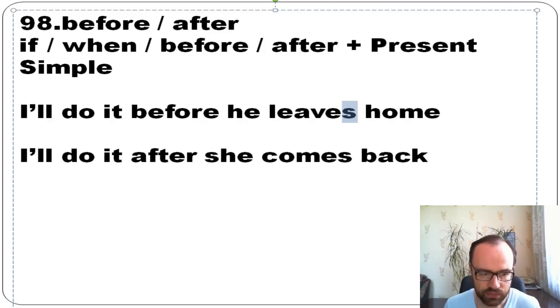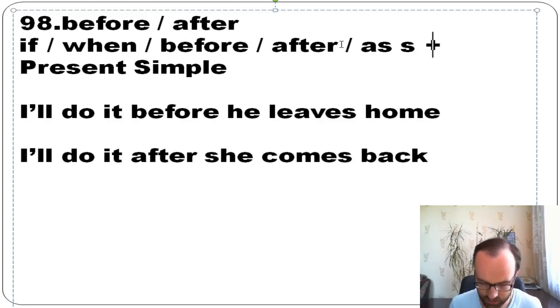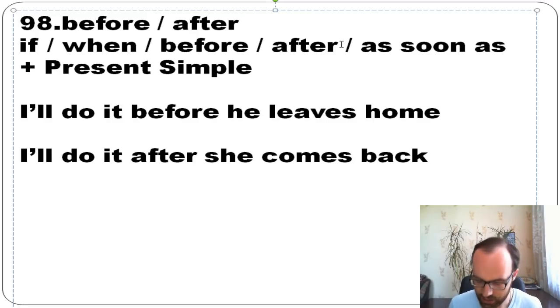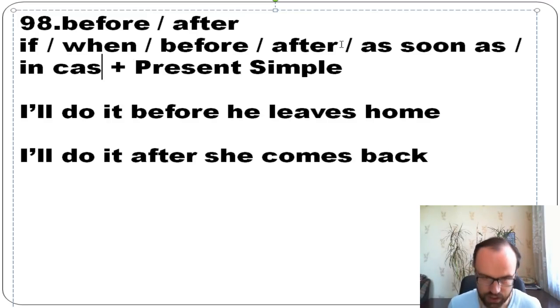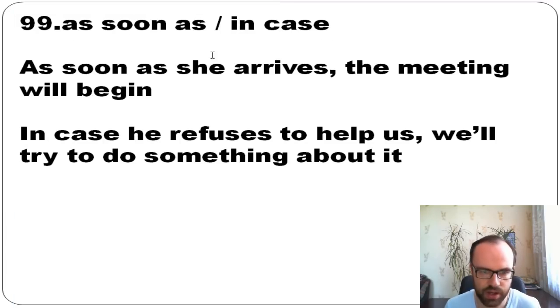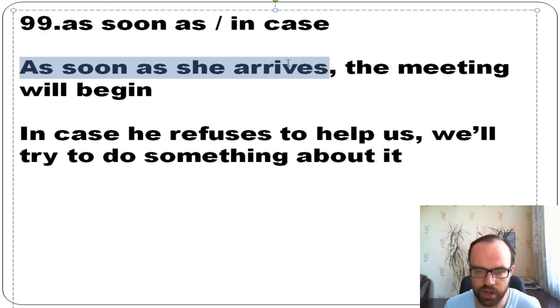Next, there are other words: as soon as, and in case. We also use present simple after them when we talk about the future. Look, as soon as she arrives, the meeting will begin.